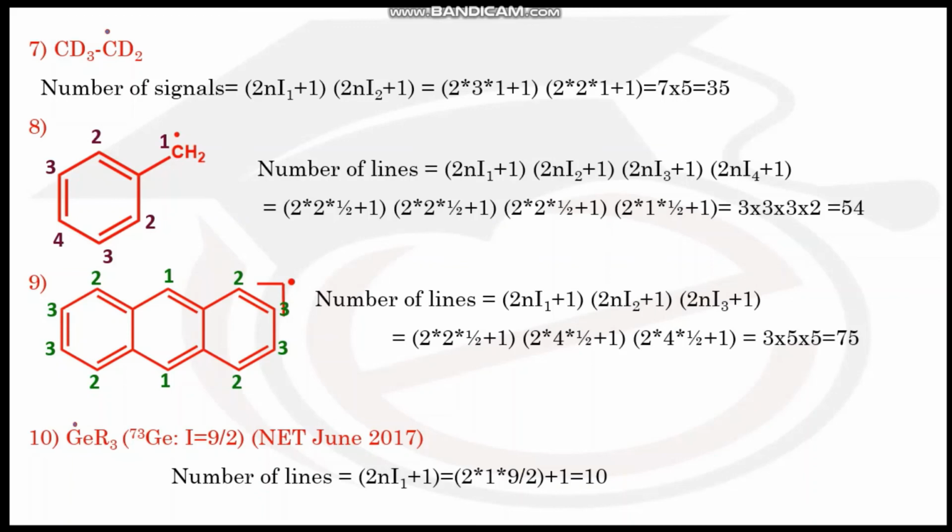Then about g parallel and g perpendicular, and in 2-3 videos this ESR will finish. In most cases, the question is on the number of signals: how many ESR signals are you getting? Questions are asked from those areas. If you have any doubt, you can comment, and if I made some mistake, you can also comment.